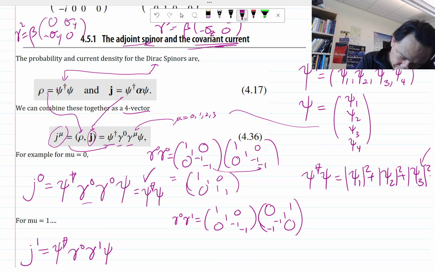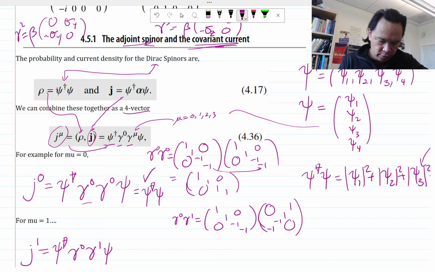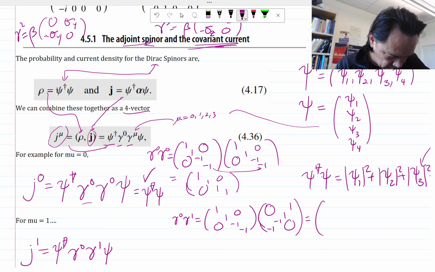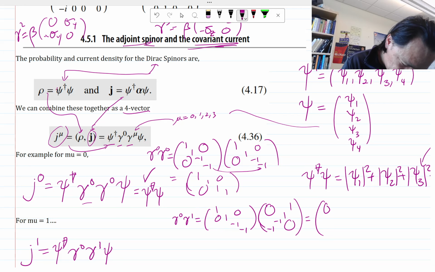So if you were to do this multiplication, this first component actually gives you 0. I'm going to write all these zeros out so I can keep track of them. I think it's a good idea the first time out, though there's a lot of zeros to write.